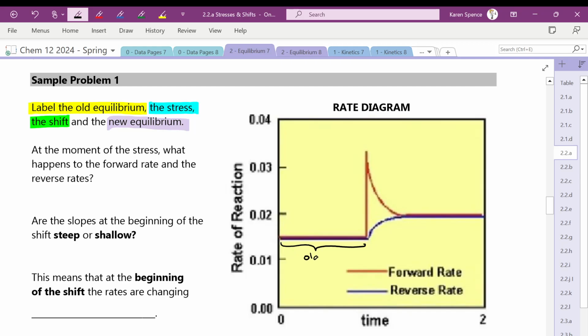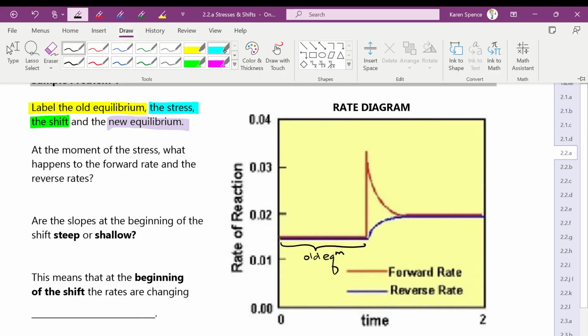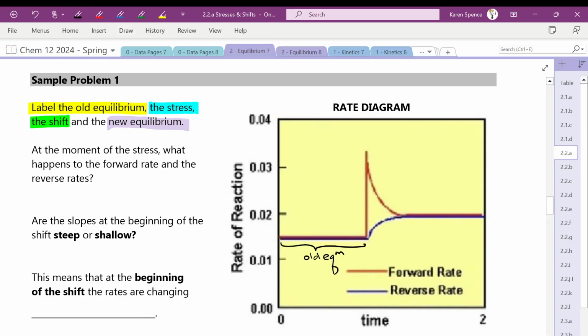Hopefully you've all managed to label the old equilibrium where the two rates are equal. Where is our stress? It's that spike there. Okay, so that's our stress. And where is our shift?